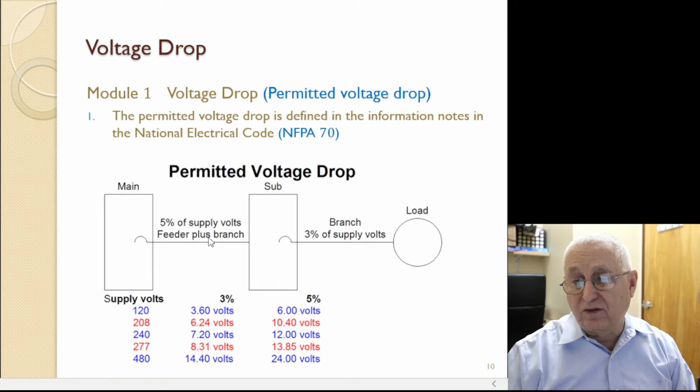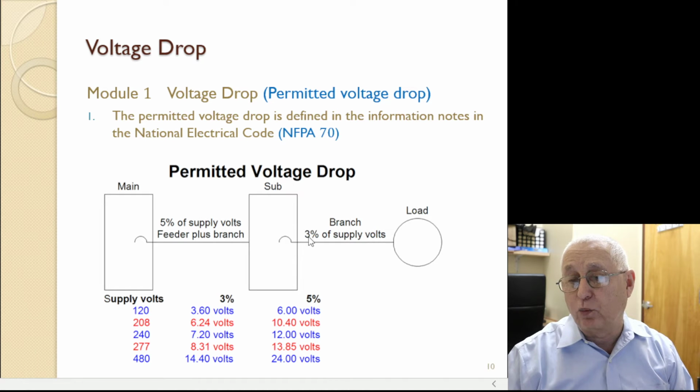Here's a representation of going out to a load for permitted voltage drop. We have a main panel. Here's its circuit breaker. We have a 5% supply, 5% of the supply voltage plus the branch. We're allowed a total of 5% on the feeder plus the branch for a voltage drop at the load.